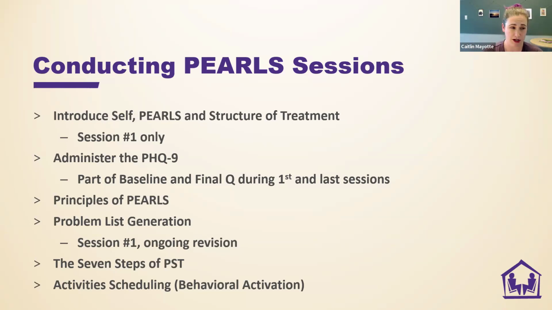They need to administer the PHQ-9. It is built into the baseline, and the final questionnaire also has it built in. We really want to push them to do the PHQ-9 at every session.